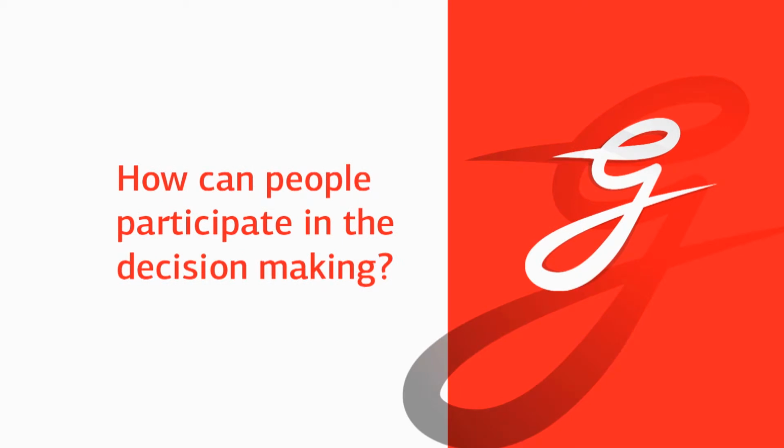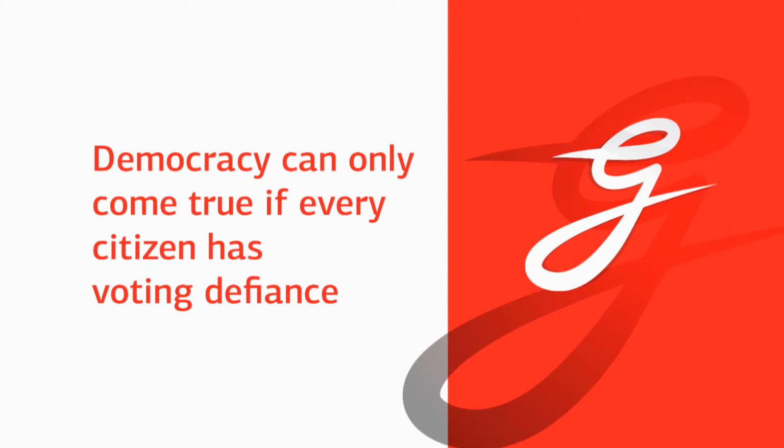And he was actually saying that democracy can only become true when every citizen would have a voting device in his or her home to be able to participate in all decision-making issues that are at stake.